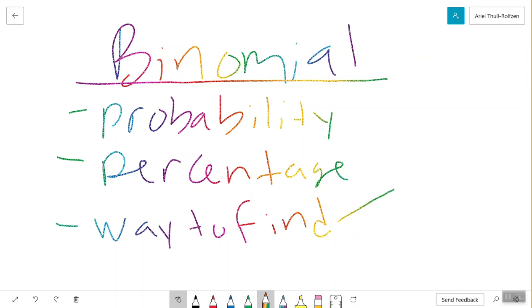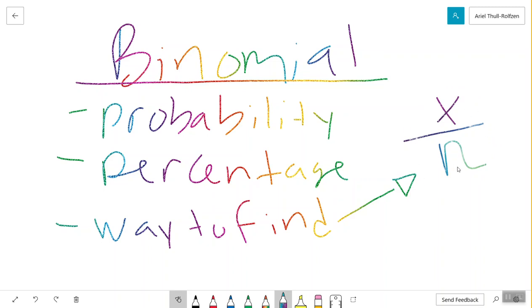And remember that to find a percentage or a probability, we are taking our x divided by our n. This is similar to a combination, but in a combination, remember we have n on top and x on the bottom, and we aren't dividing, we're plugging it into our calculators.